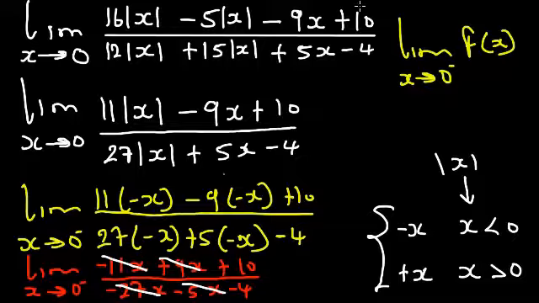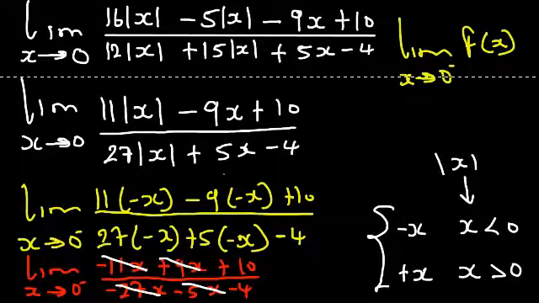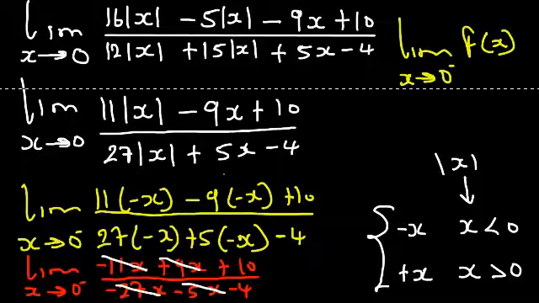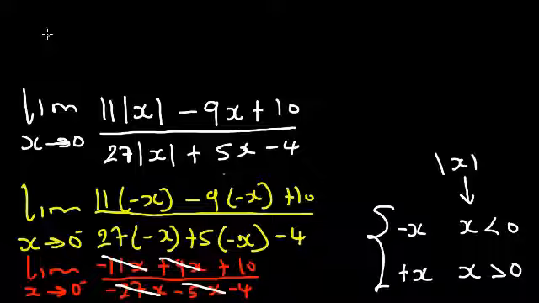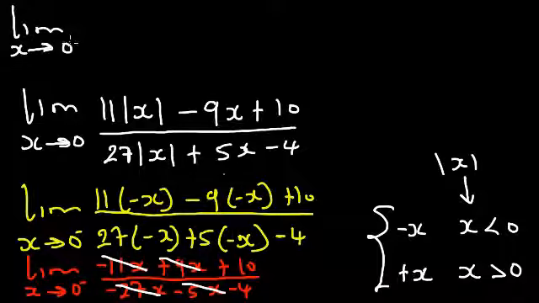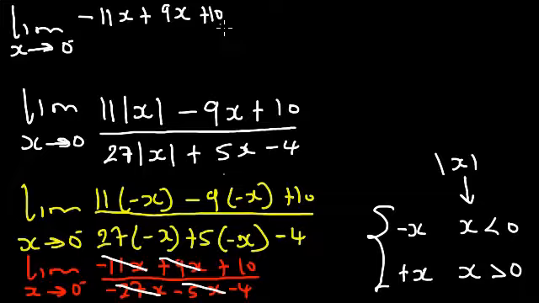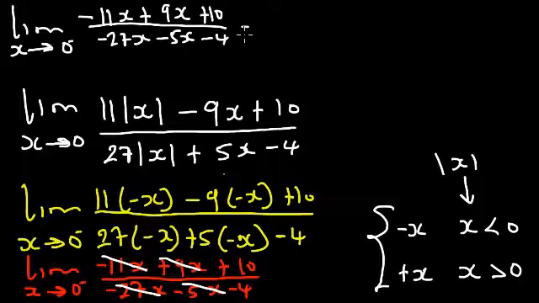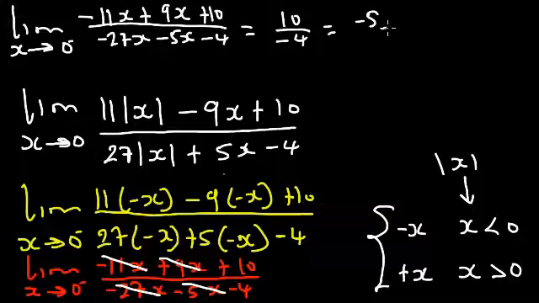So eventually, the limit as x approaches 0 from the left hand side of negative 11x plus 9x plus 10, divided by minus 27x minus 5x minus 4, is equal to 10 divided by minus 4, which is simply minus 5 over 2.